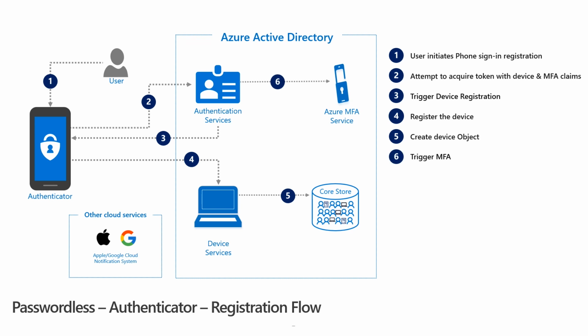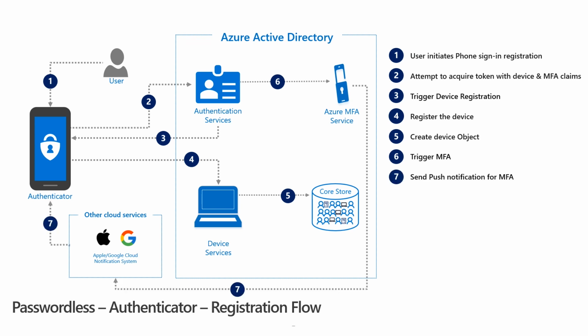Now that the user has successfully registered their device, authentication services will trigger an MFA request. The MFA service will route the MFA push notification to the Authenticator app via the Apple or Google Cloud messaging system. The user will then complete an MFA challenge by approving the notification on their device.